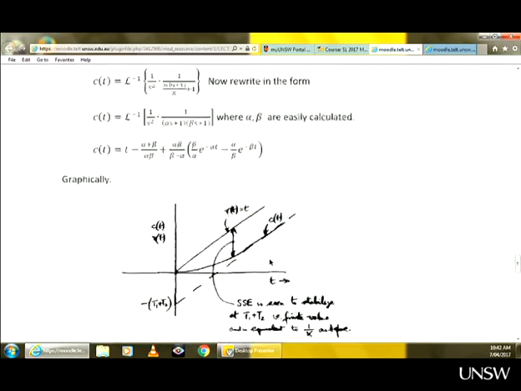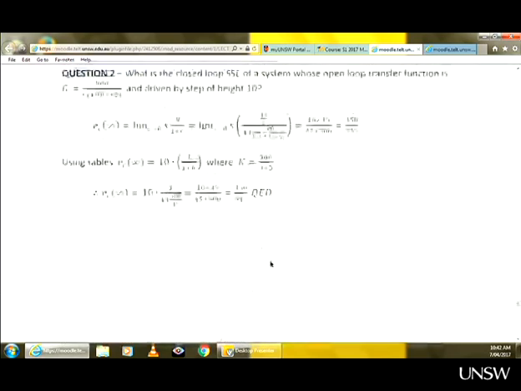So 10 times 1 over 1 plus K, and we are getting the same. So sorry, what is K? K is 500 over 9 times 5. That is the DC gain, steady-state gain. So now 10 times 1 over 1 plus 500 over 45 will give us the same value as here.